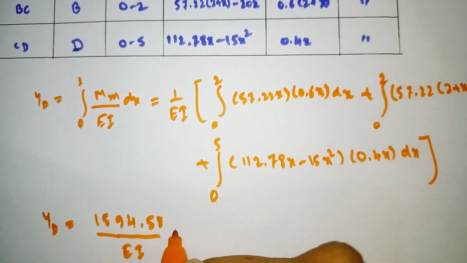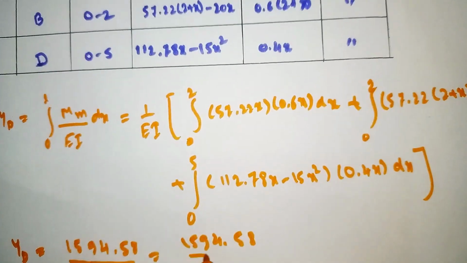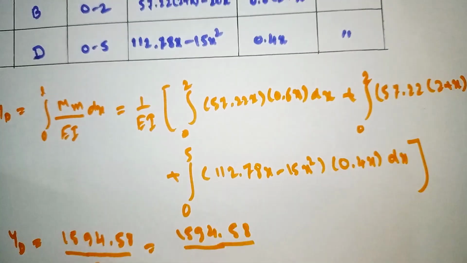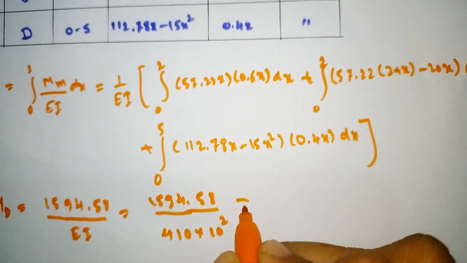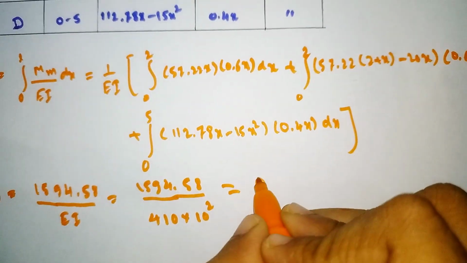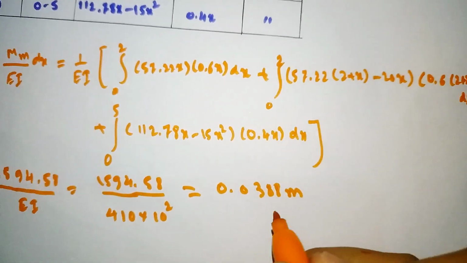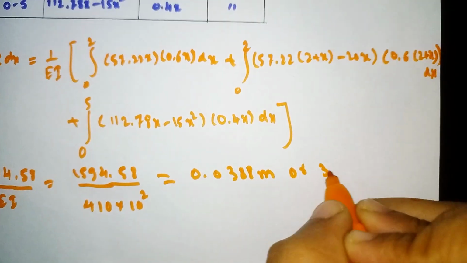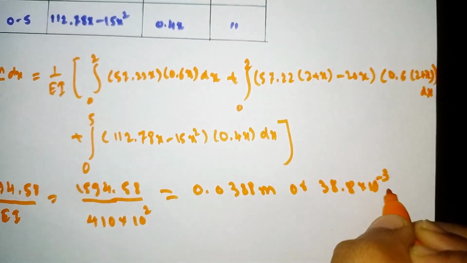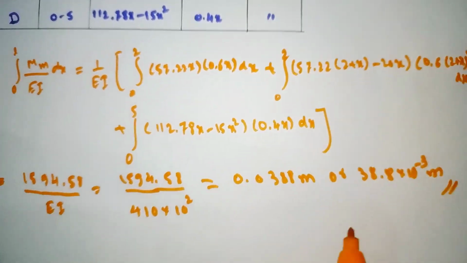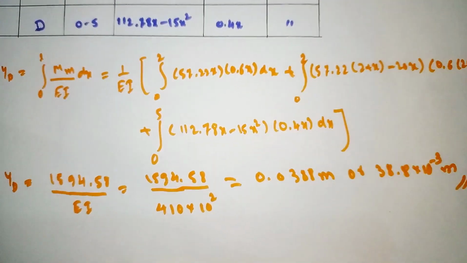The EI value we got was 410 into 10 to the power of 2. Now solve it, and it will come out as 0.0388 meter, or 38.8 into 10 to the power of minus 3 meter. This is our final value. This is how we need to find the deflection at point C.